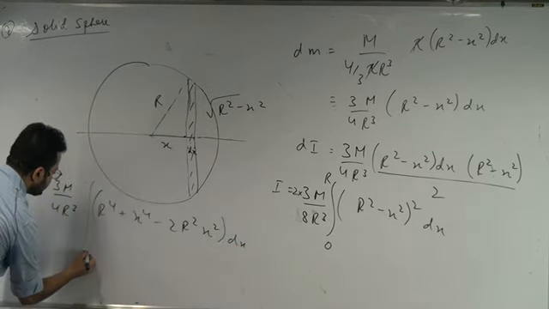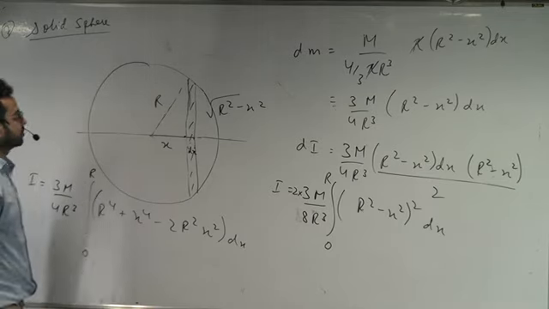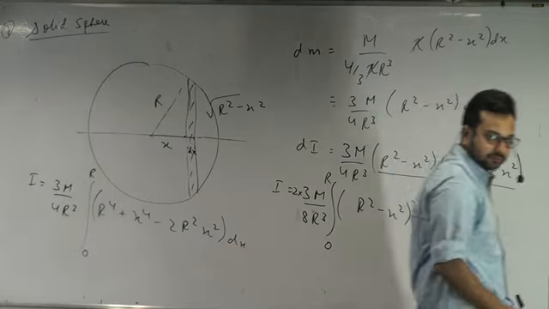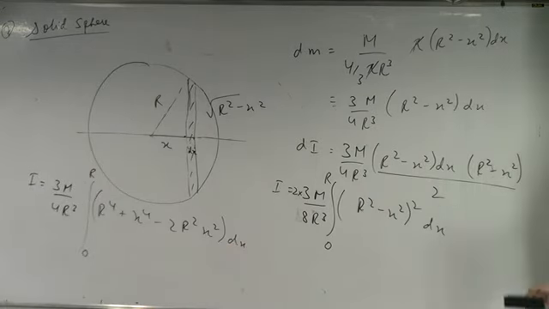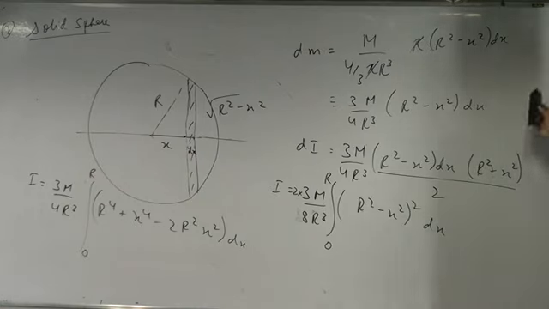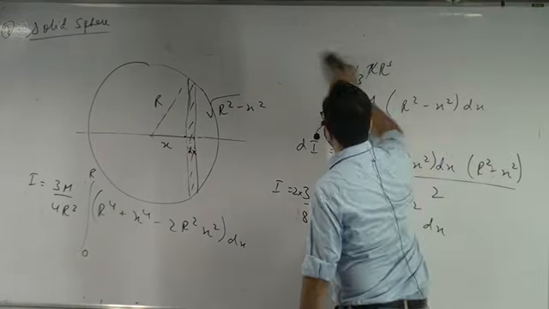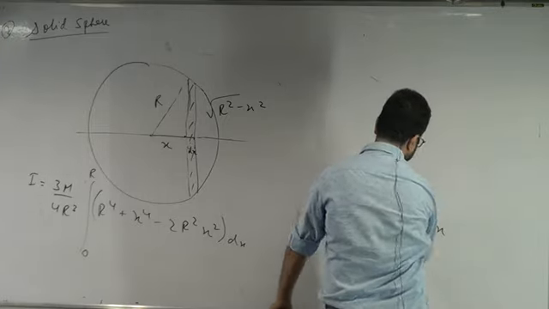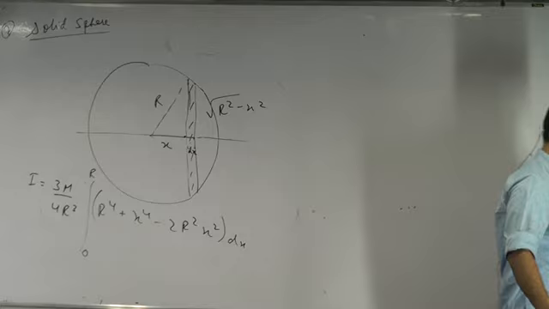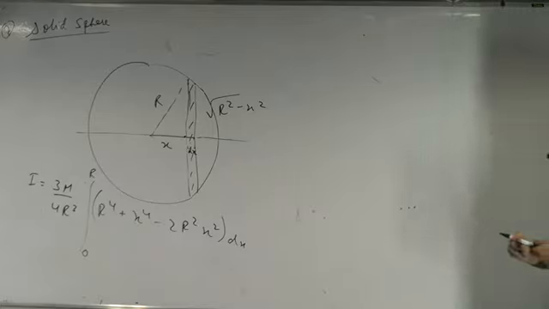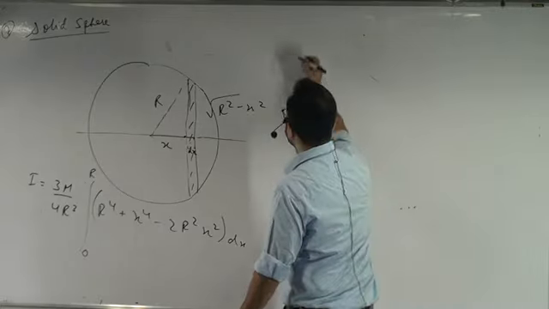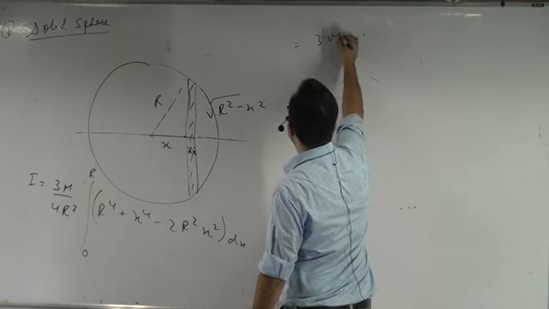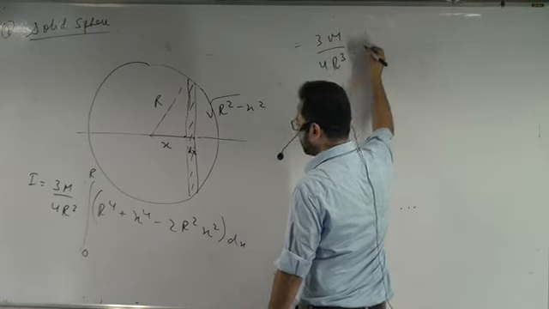And the limit will go from 0 to r. ठीक है. Can I rub this part? So this will be 3m upon 4r cube.